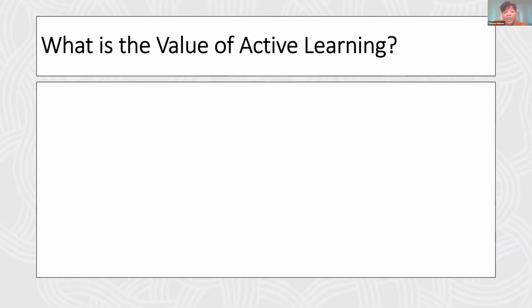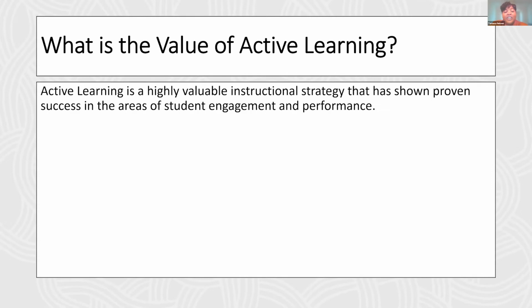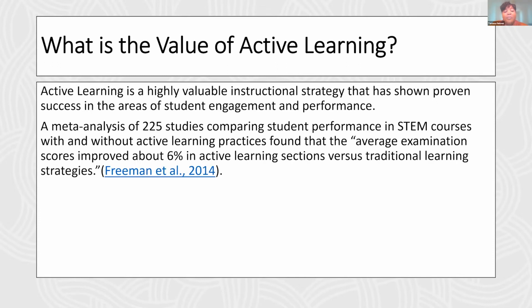So what is the value of active learning? Active learning is a highly valuable instructional strategy that has shown proven success in the areas of student engagement and performance. A meta-analysis of 225 studies comparing students' performance in STEM courses with and without active learning practices found that the average examination scores improved about 6% in active learning sections versus traditional learning strategies.